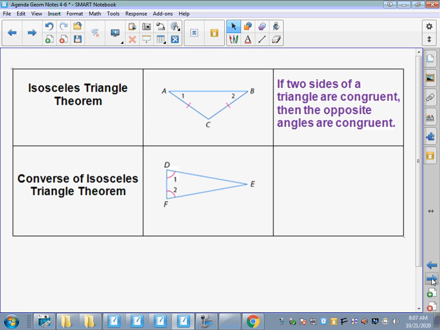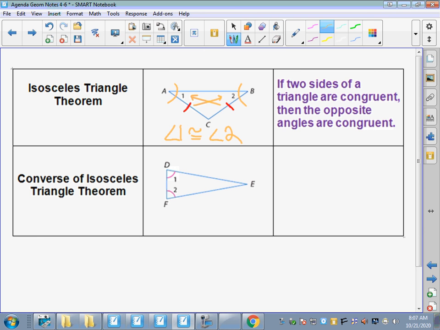Hopefully you notice in that top diagram that side AC and BC are congruent because they're marked with the congruent dashes. So if AC and BC are congruent, then the opposite angles are congruent: opposite from this one is angle 1, opposite from this side is angle 2, so angle 1 has to be congruent to angle 2.